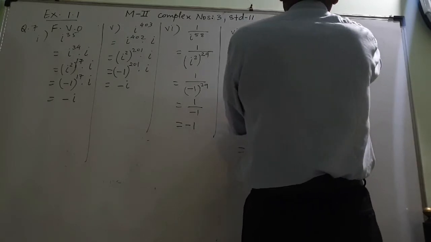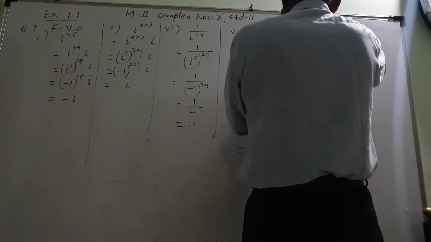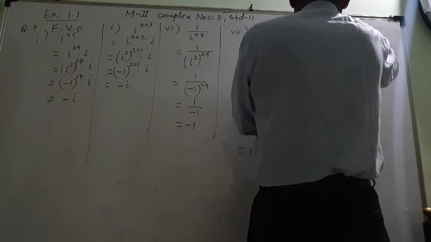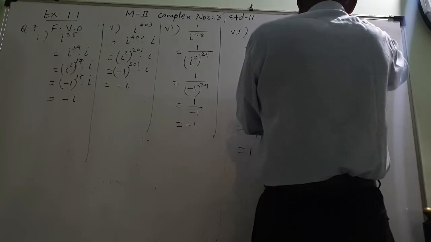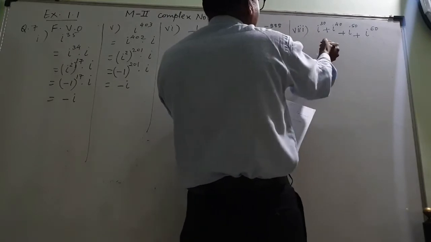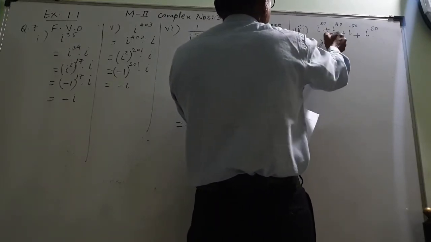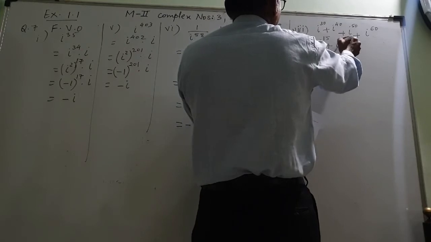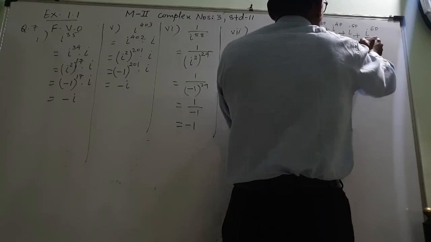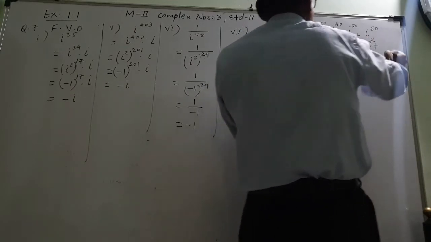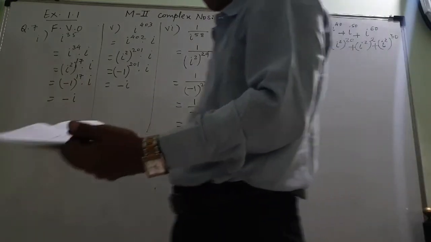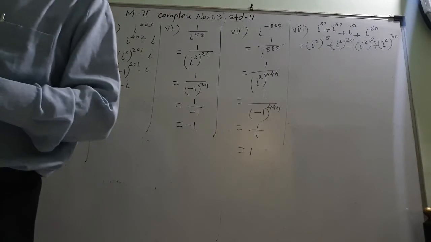The next sum I will do. That is i raised to 30 plus i raised to 40 plus i raised to 50 and plus i raised to 60. Here also we will do the same thing. i square raised to 15 plus i square raised to 20 plus i square raised to 25 and plus i square raised to 30. This way I have converted it into the i square terms.